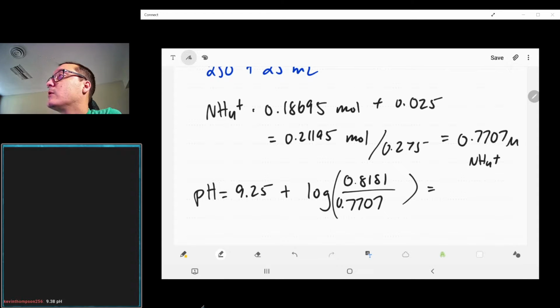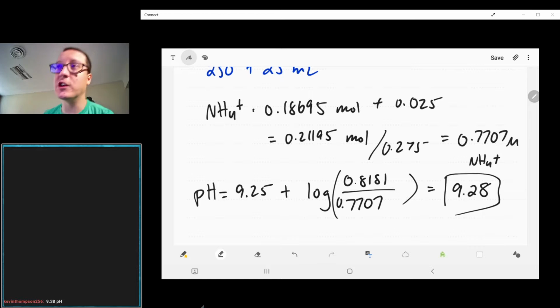Do that, we get 9.27, actually 9.28, I guess. We have very slightly decreased our pH after dumping in that whole bunch of acid.